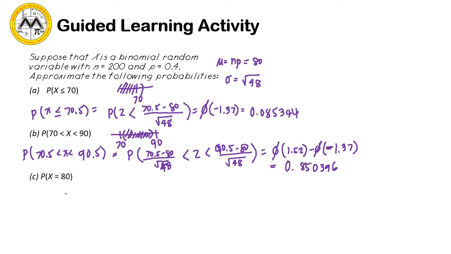Now, if we want X equal to 80, that is from 79.5 to 80.5.